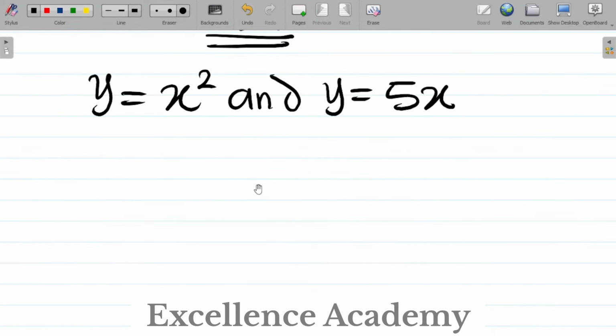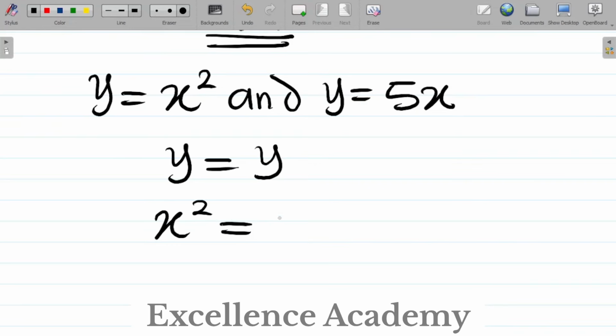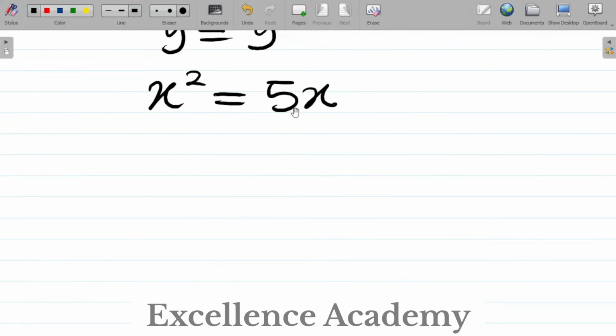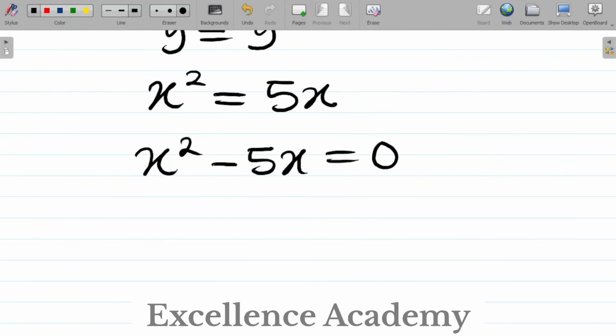To solve this question, the first thing you want to do is to equate y to y. Literally, y is the same thing as y. If I equate the terms, the first y represented x² is equal to the second y represented 5x. Now, all I have to do is move 5x over to the left hand side. So you have x² - 5x = 0.